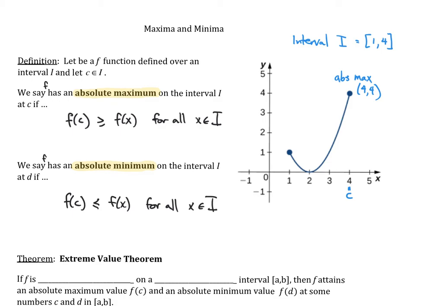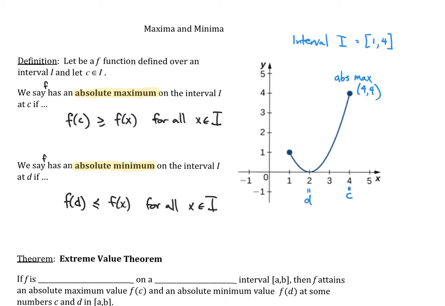Now that I look back at my definition of absolute minimum, I could see that in this definition, we're putting our minimum at the x value of d. So let me change this c here to a d. And then what we're going to see is that our absolute minimum in our example occurs at the x value of 2.